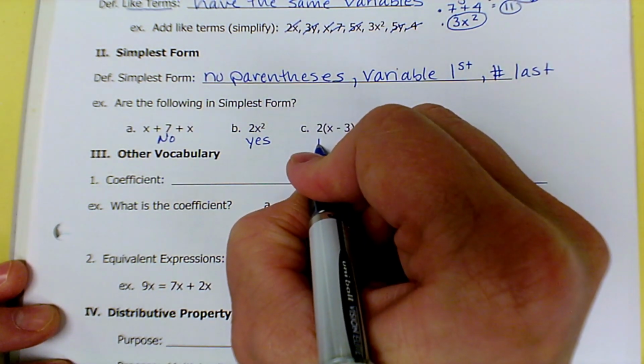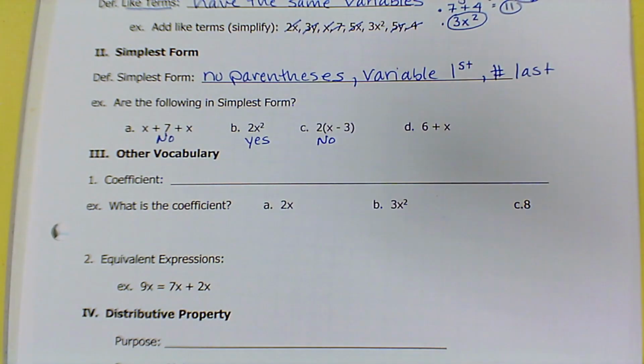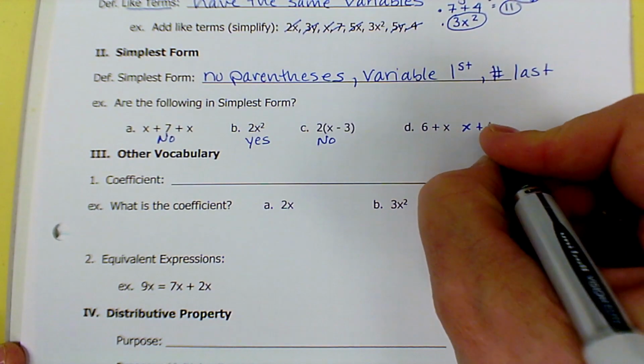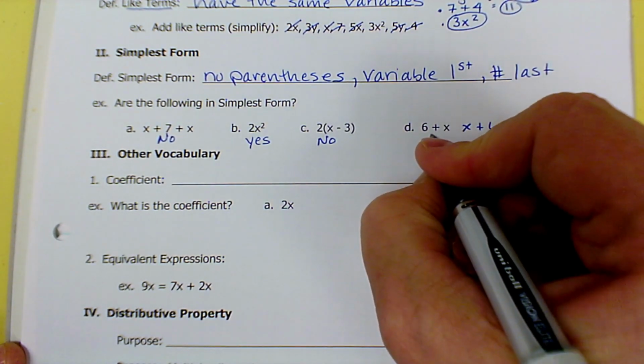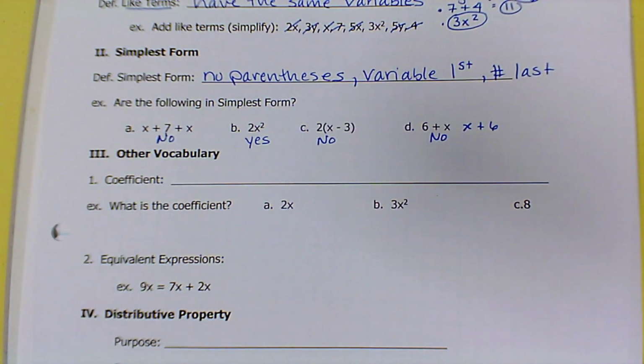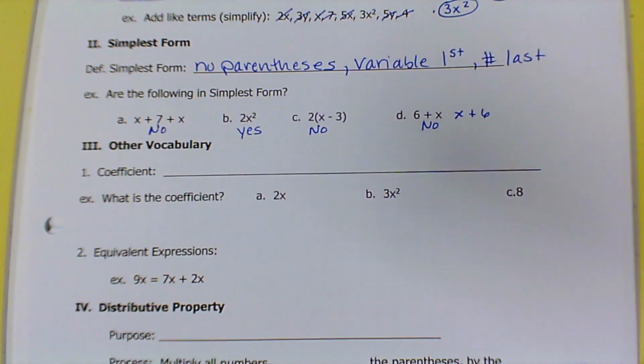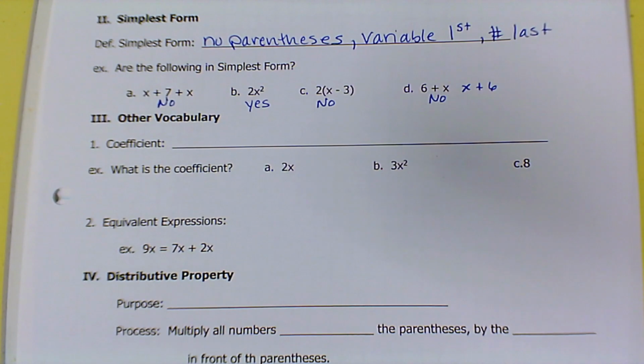So no, that's not in simplest form because it has parentheses. And the last one's the hard one. You can't add a 6 to an x, but it's out of order. It needs to be x plus 6. So no, that's not yet in its final form. So that is simplest form. So all your answers from here on out are going to have the letter first and the number last and be as simple as possible.